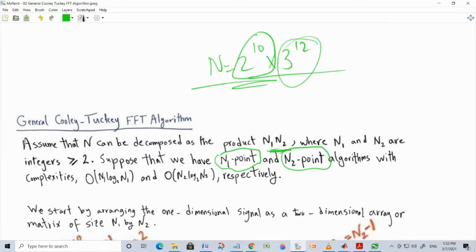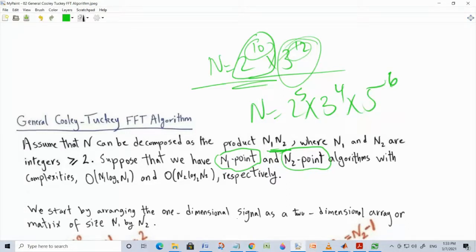So what if big N, the total number of points, is, of course those numbers are huge, but just for illustration, you need to handle a situation like this, and the idea here can be extended, right? Because you can apply it to something like this, 5 to the, let's say, 6.